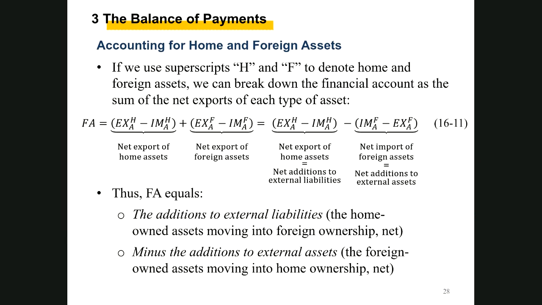Okay, so the financial account is like this: net export of the home asset plus the net export of the foreign asset.